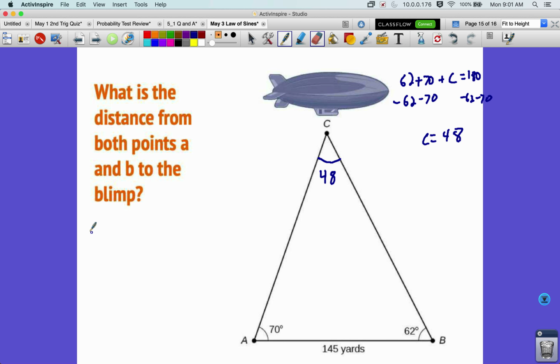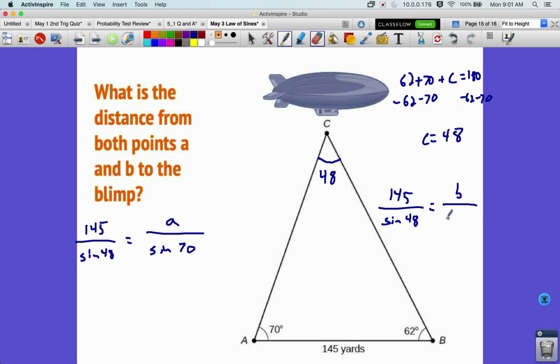I'm solving for side lengths, so I put length on top. 145 over sine of 48 should equal little a over sine of 70, or 145 over sine of 48 should equal little b over sine of 62. So 145 divided by sine of 48. I'm going to store that in my calculator as alpha A because I need to use that number again.